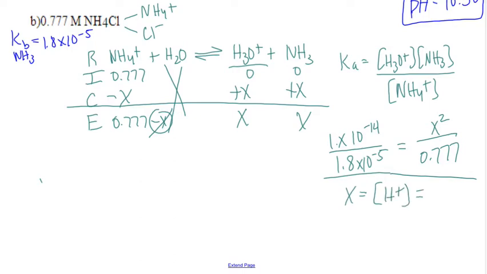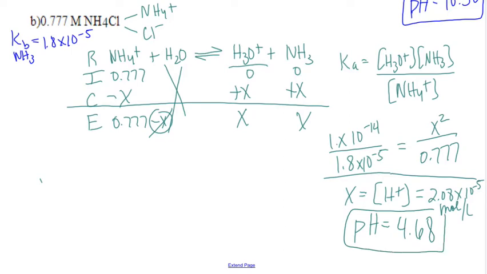What did y'all get? 2.08 times 10 to the negative fifth moles per liter. And then if I take the negative log of that to 2 decimals, what is my pH? We're expecting acidic, right? 4.68. Everyone agree with that number?